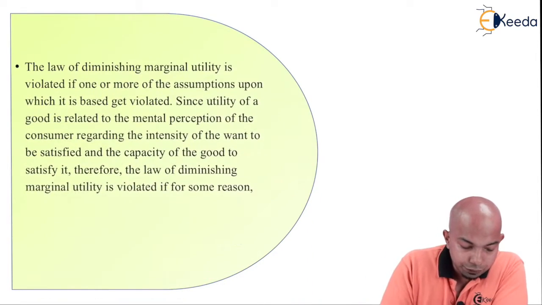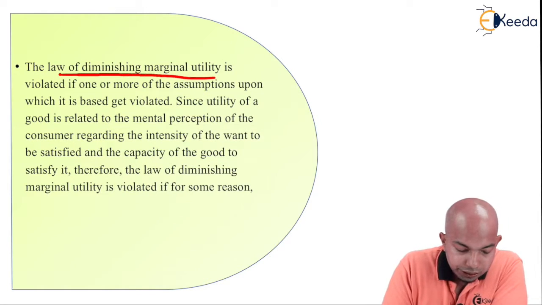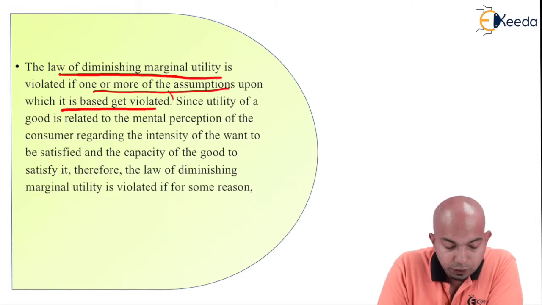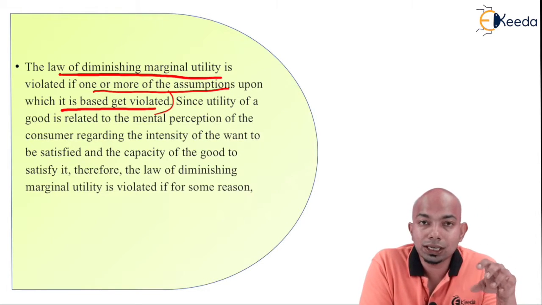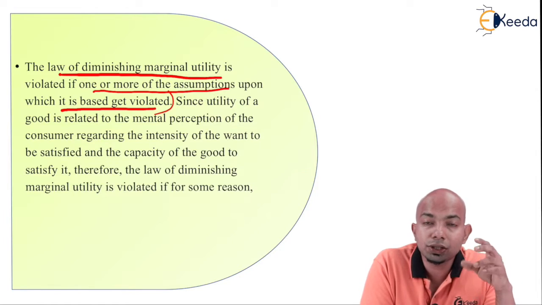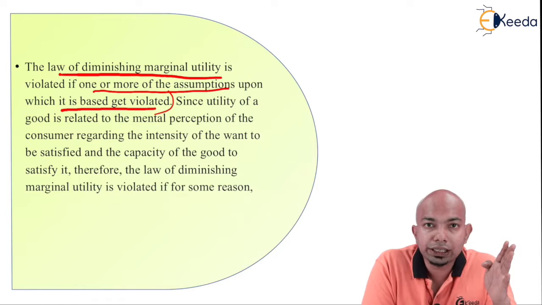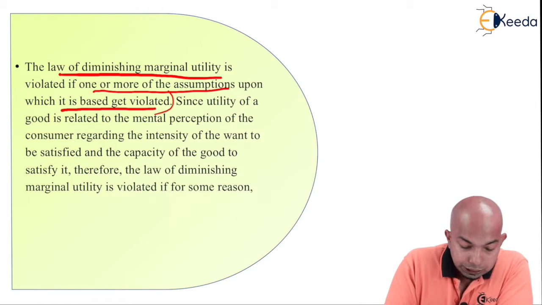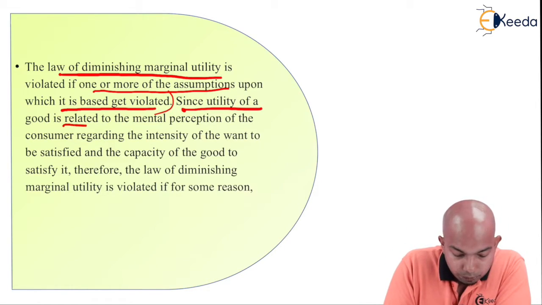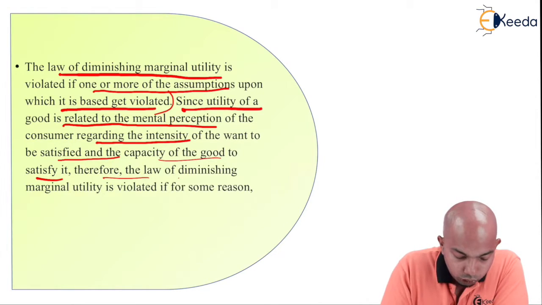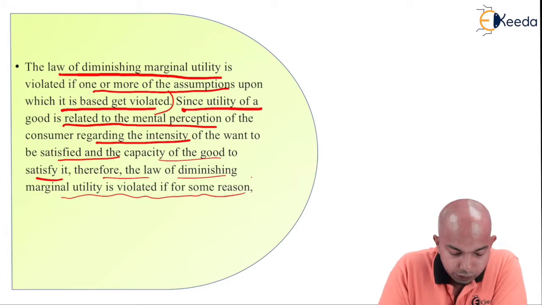Now, the next part: the law of diminishing marginal utility is violated if one or more of these assumptions upon which it is based gets violated. So, if any of these rules or assumptions that you have understood right now are violated, then the law of diminishing marginal utility is also violated with it. Since the utility of a good is related to the mental perception of the consumer regarding the intensity of the want to be satisfied and the capacity of the good to satisfy it, the law of diminishing marginal utility is violated for some reason.